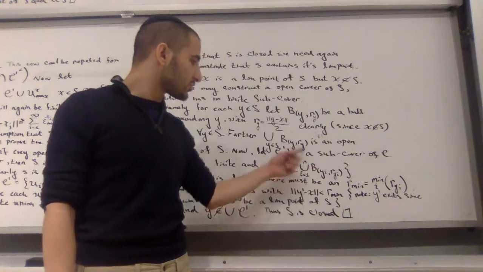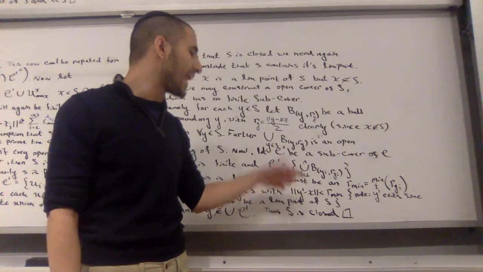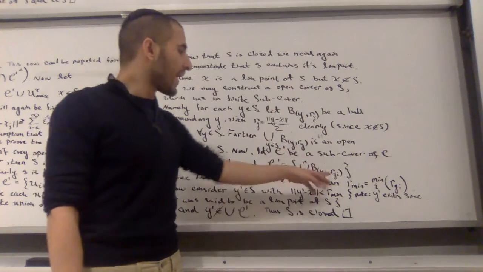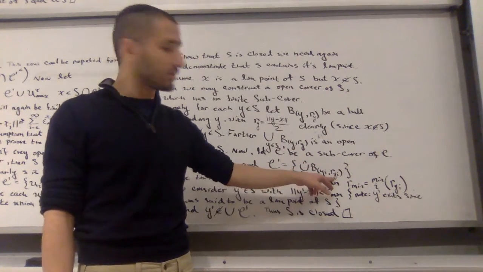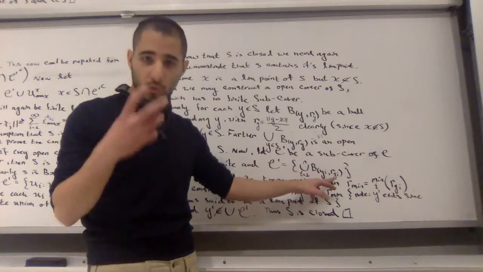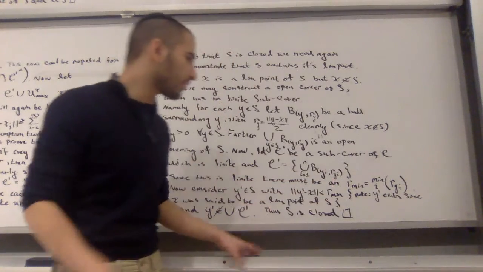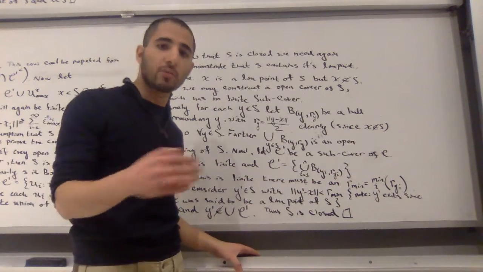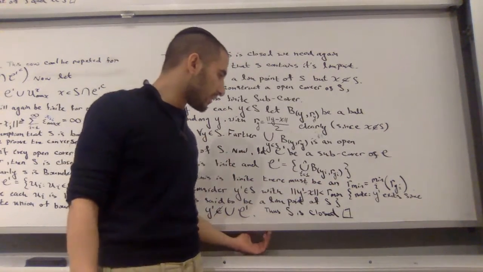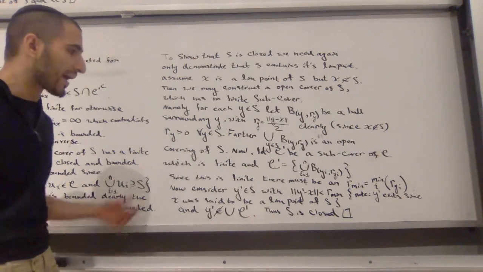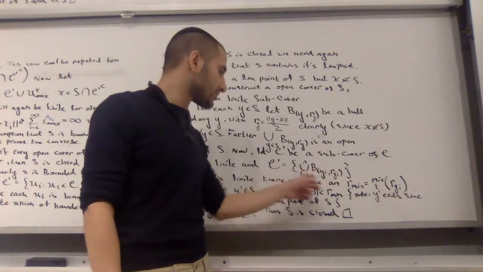In fact, you could just simply go through all the instances i equals 1, i equals 2, i equals 3, and find the r_{y_i} which gives you the minimum radius. In other words, find the y which is closest to x in this subcover.